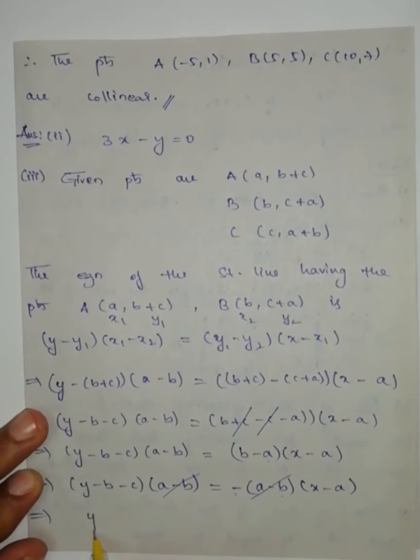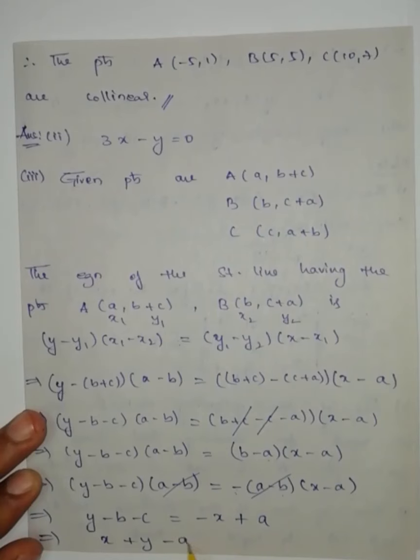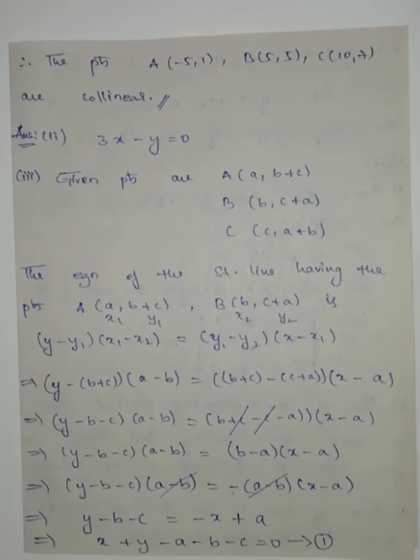This implies y minus b minus c is equal to minus x plus a, take all terms one side, x plus y minus a minus b minus c is equal to 0. Equation number 1 is the required equation of the line.